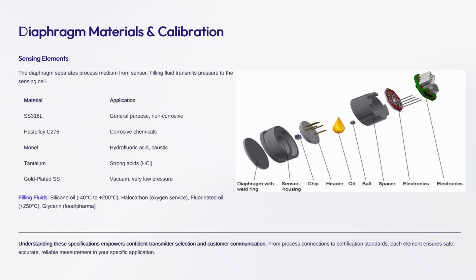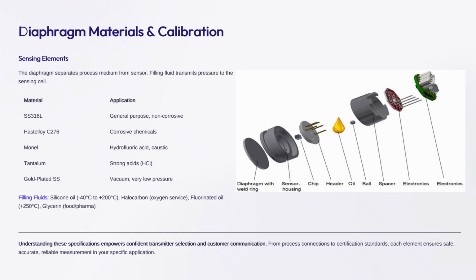Hastelloy C276 for corrosive chemicals. Monel for hydrofluoric acid and caustics. Tantalum, excellent for strong acids, especially HCl. Gold-plated stainless steel for very low pressure or vacuum. Ceramic, ideal for slurry and abrasive media.